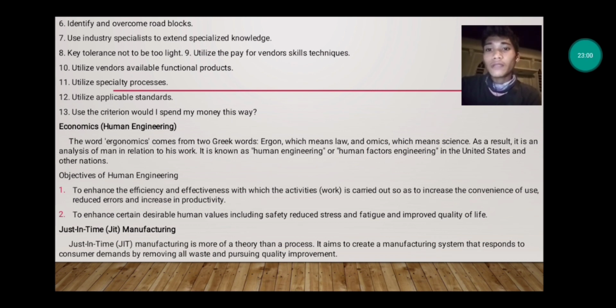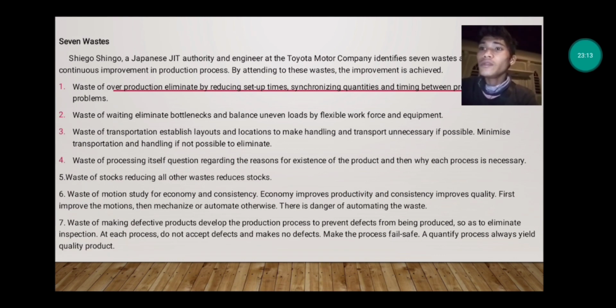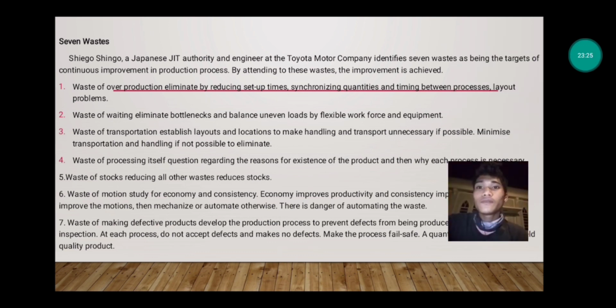It aims to create a manufacturing system that responds to consumer demand, removing all waste and pursuing quality improvement. Shingo, a Japanese JIT authority and engineer of Toyota Motor Company, identifies seven wastes as being the target of continuous improvement of the production process.